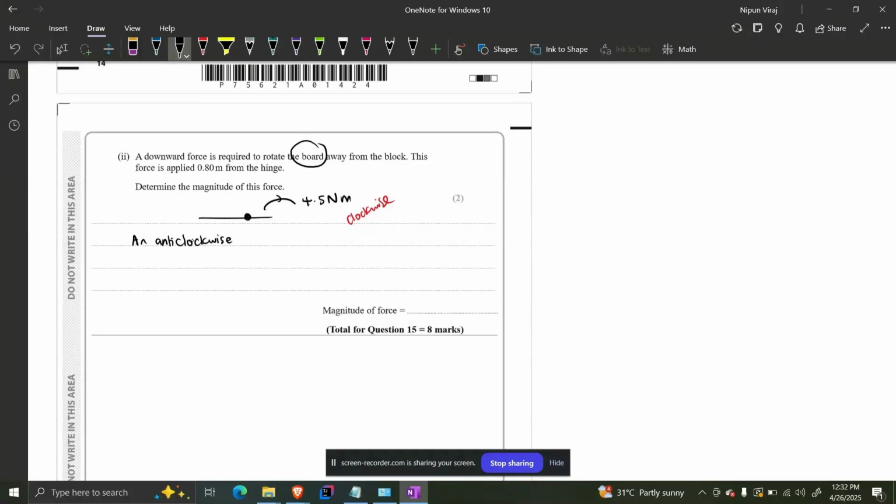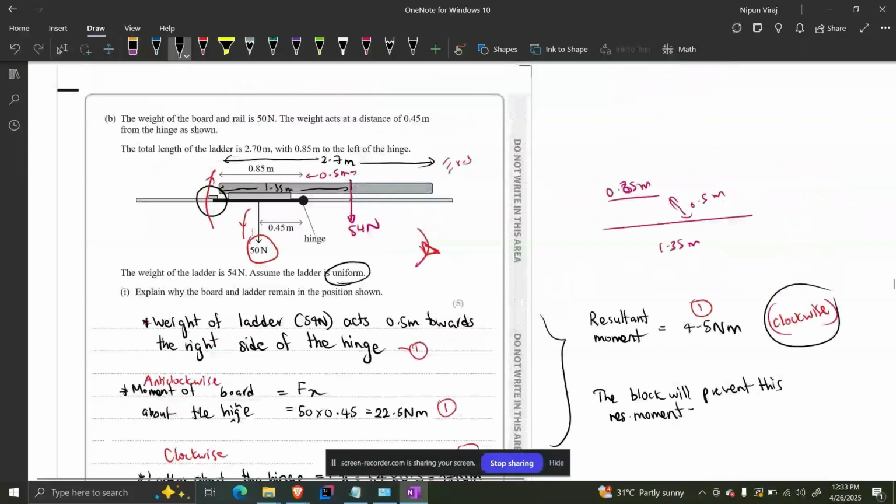an anti-clockwise moment of 4.5 Newton meters should be applied. Okay, therefore we can say this side moment is equal to force into distance. So it should be 4.5, because in the current situation, this is trying to rotate in this direction.